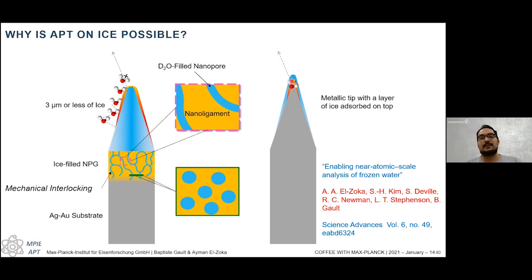However, in our case, we think because we had a full tip made out of water that is anchored by these nanopores, we were able to get a concentration of the field at the ice-vacuum interface. So that enabled the prolonged and consistent field evaporation of these water molecules and/or polymers.